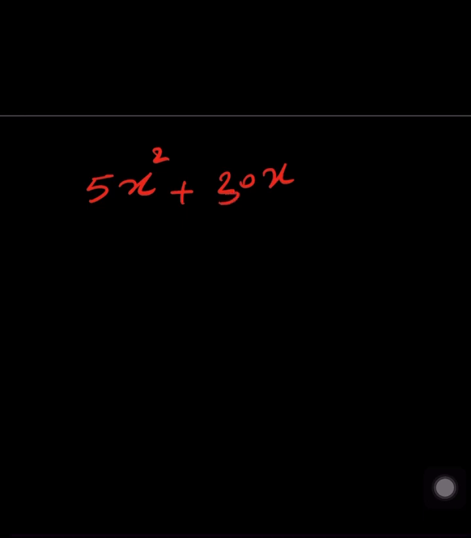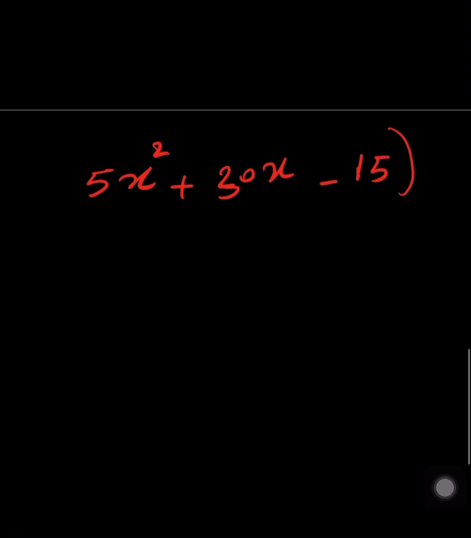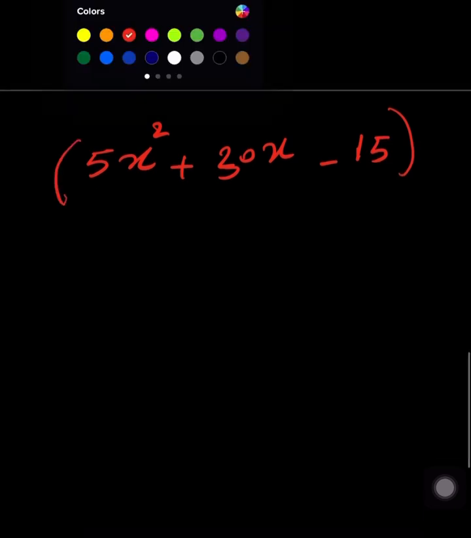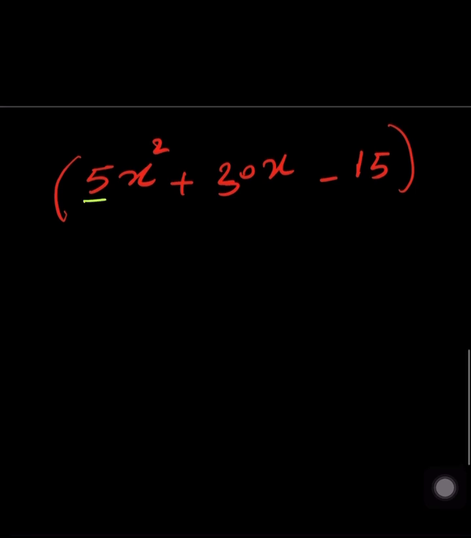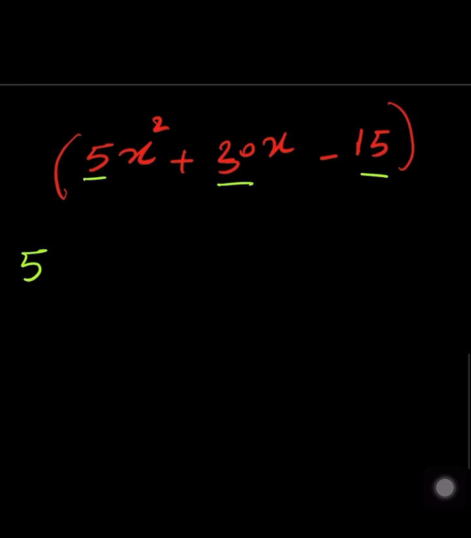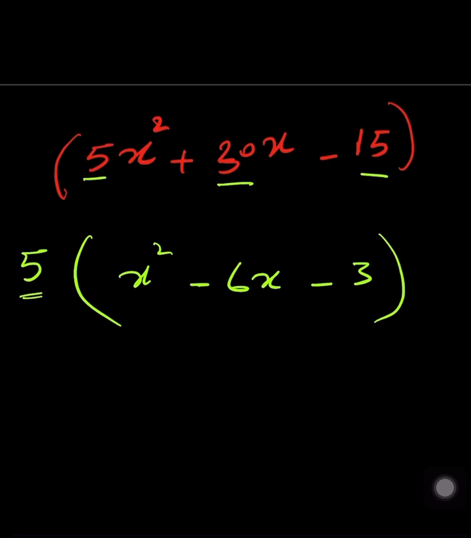Okay, now we use another example with a factor. Now the x squared is multiplied by 5, so we cannot do anything unless we make the factor of x squared equal to 1. So the way to do it is by taking 5 as a common factor outside the bracket, and what do you have inside? 5 divided by 5 is 1, so x squared minus, actually it's supposed to be positive, I just made a mistake here, excuse that, let's just assume it's negative.